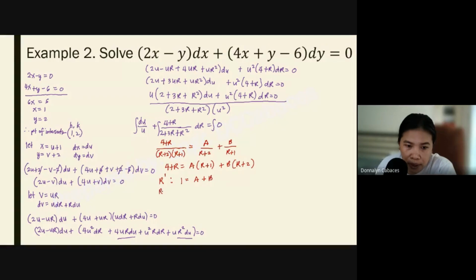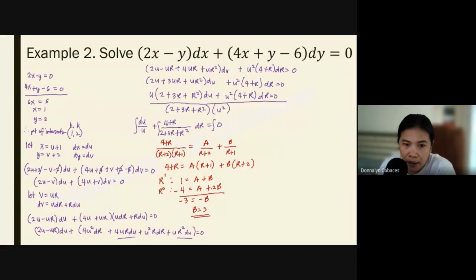And then with the constant r to the 0, you have 4 is equal to a plus 2b. Subtracting the 2, negative 3 is equal to, so this is 0, negative b. Therefore, b is equal to 3.